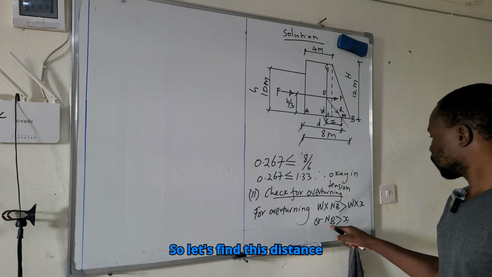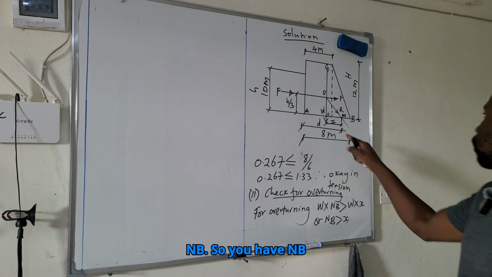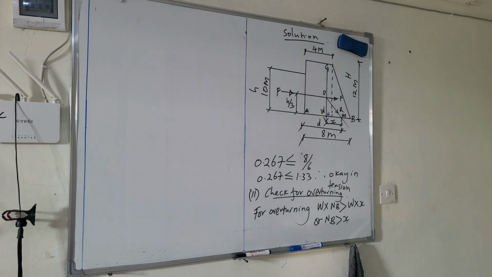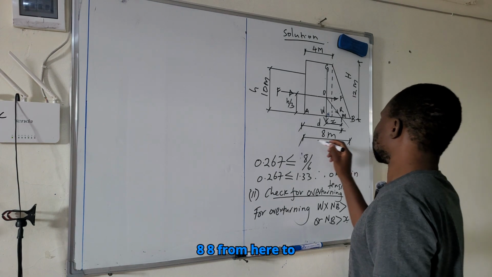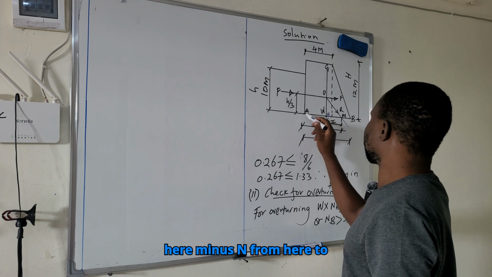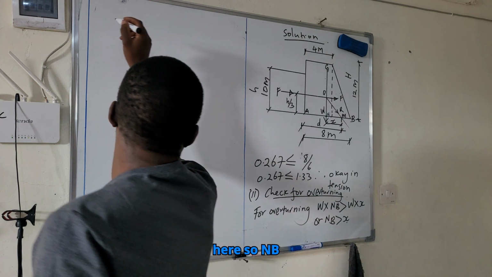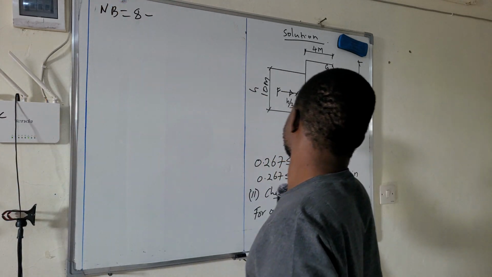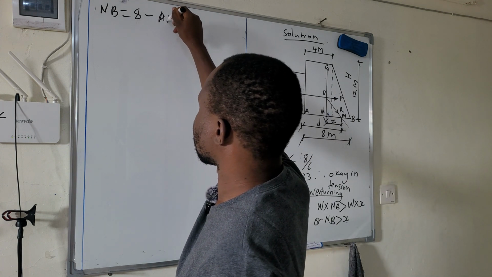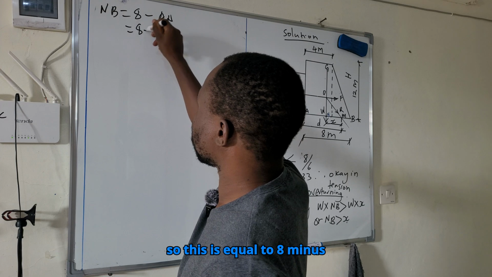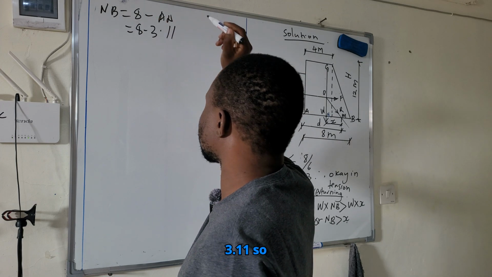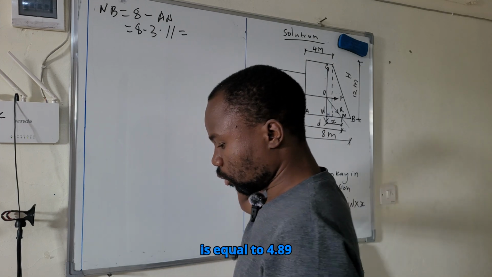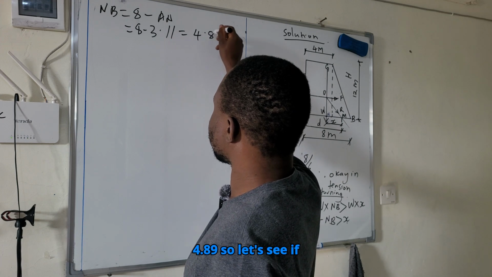So let's find this distance NB. We have NB as from here to here. To find NB, take 8 from here to here minus AN from here to here. So NB is equal to 8 minus AN, which is 8 minus 3.11, equal to 4.89.